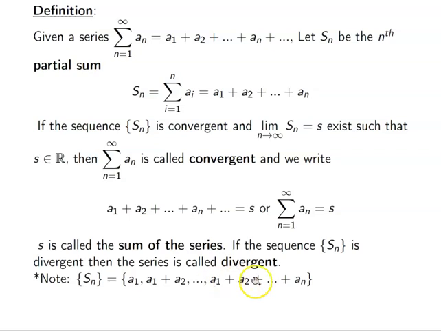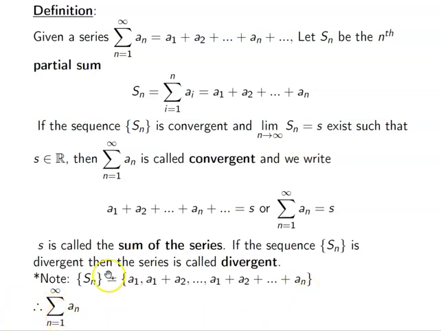If this sequence converges, then my series as a whole converges. If this sequence diverges, then my series as a whole diverges. So that's the relationship between our sums and their partial sums.